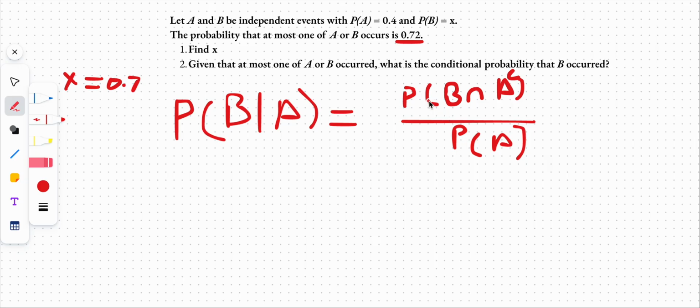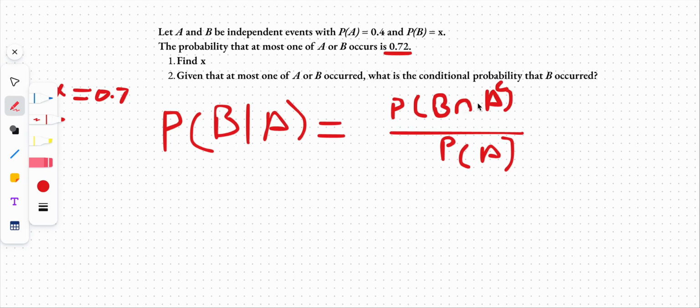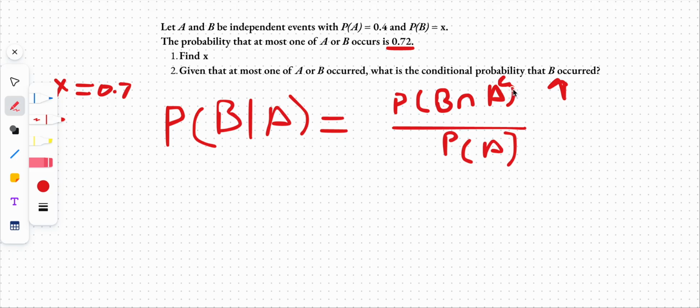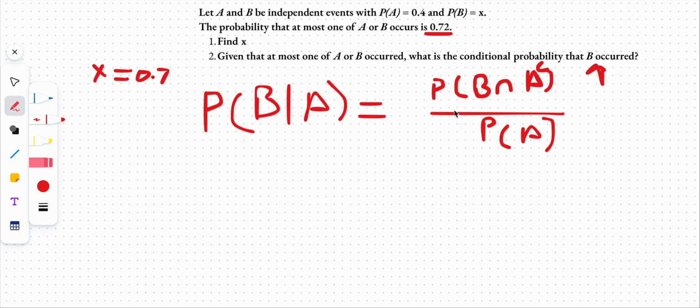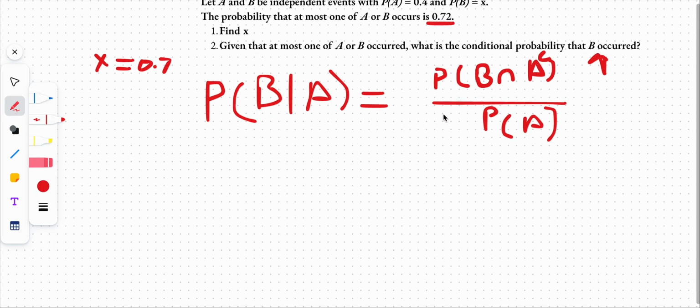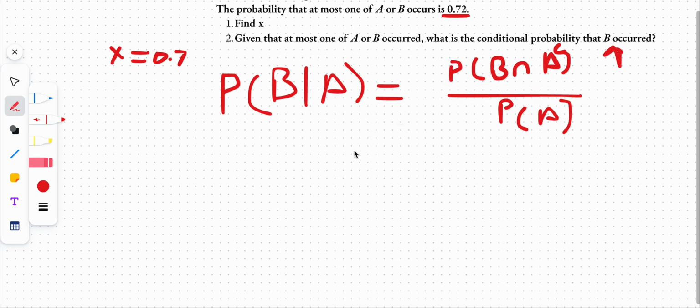What we're looking for is essentially the probability that B occurs and A doesn't, that just B occurred, and the A complement means A does not occur alongside B. Okay, this ties in, I promise.